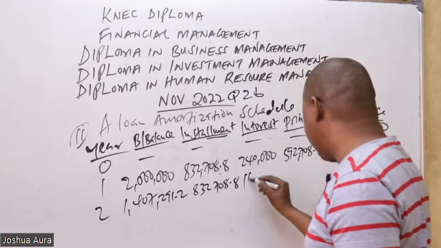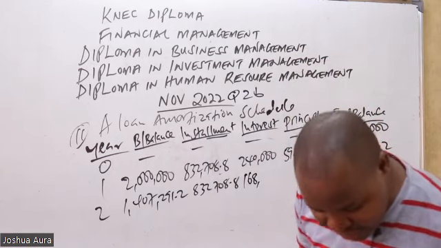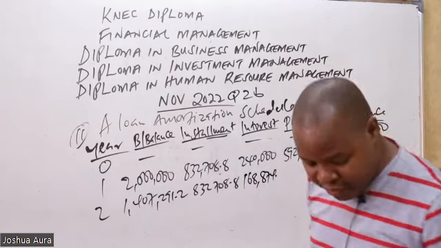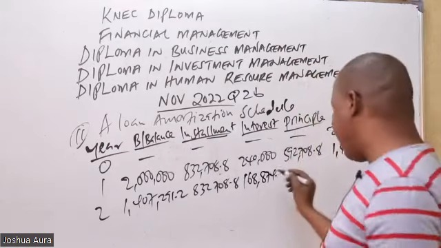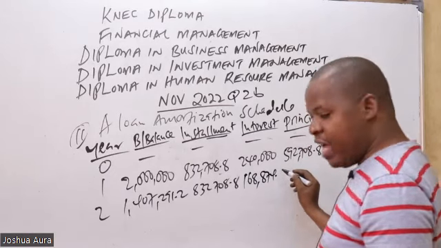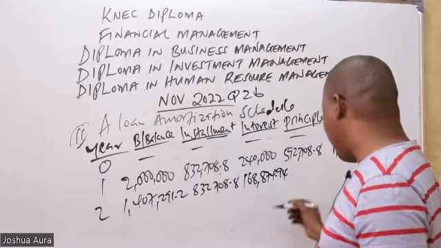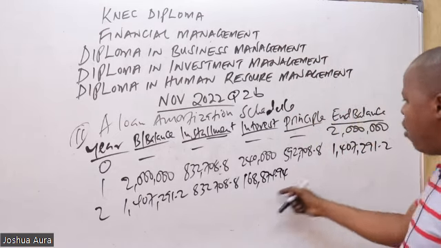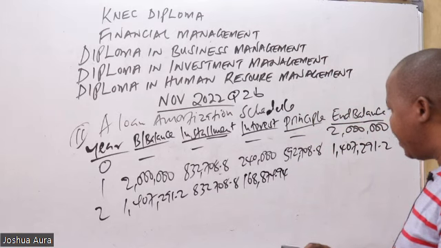What are we getting as our interest? 168,874.94. And what is our principal? We will take the installment again minus the interest.